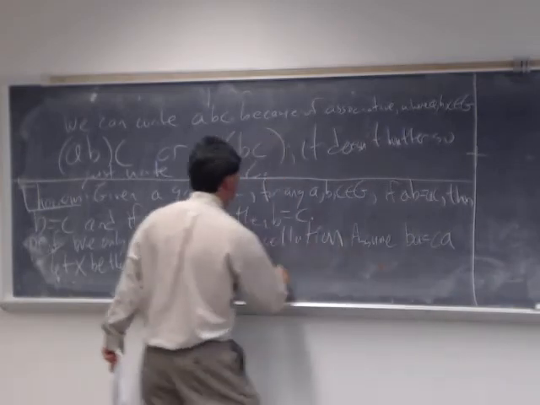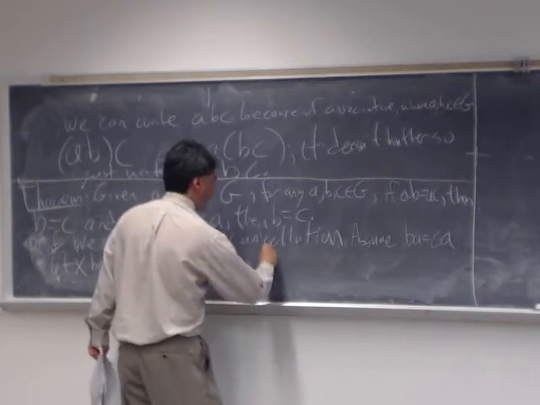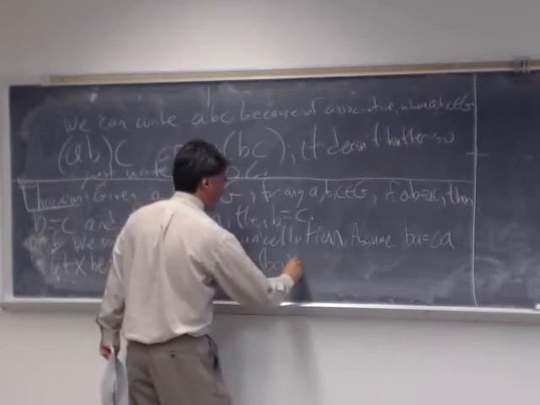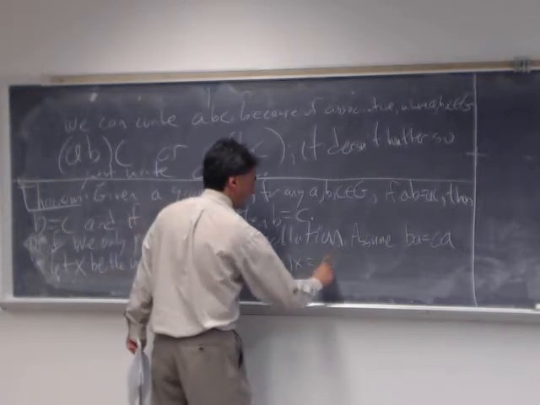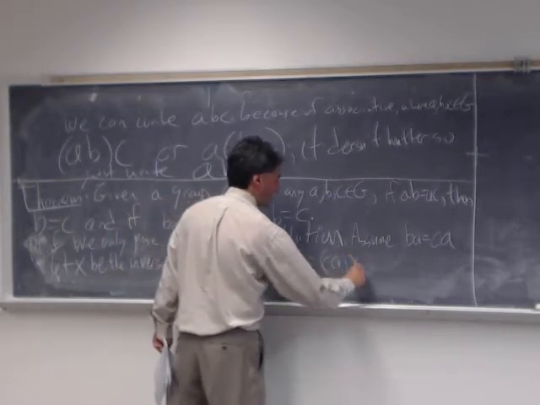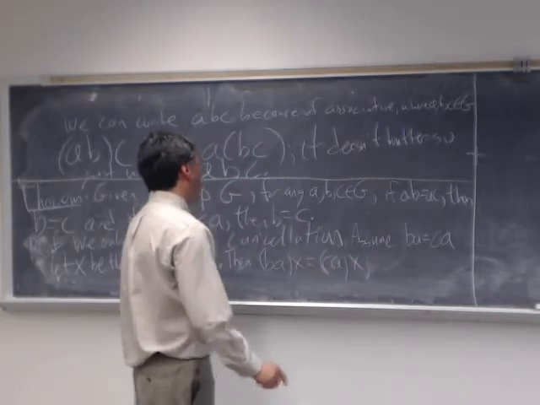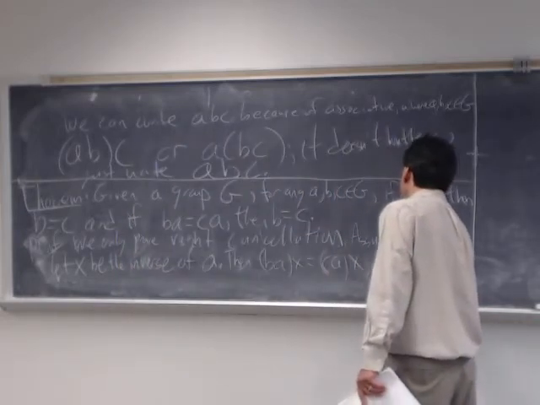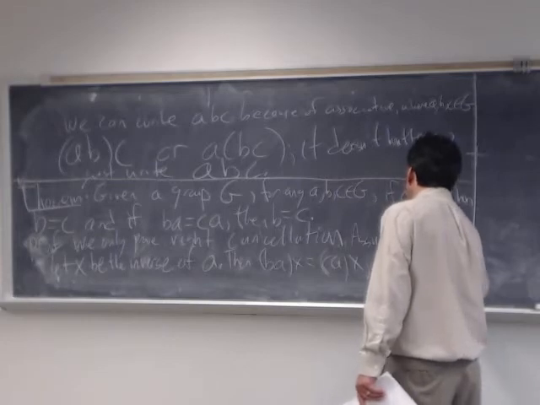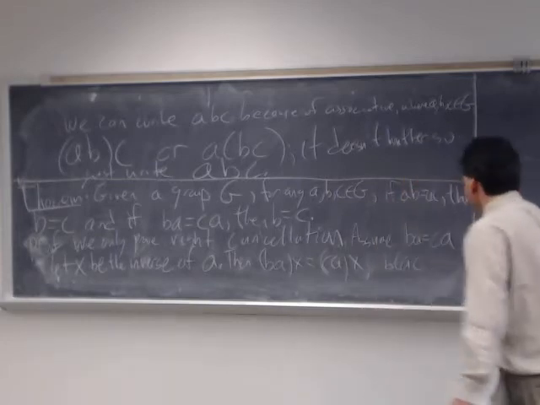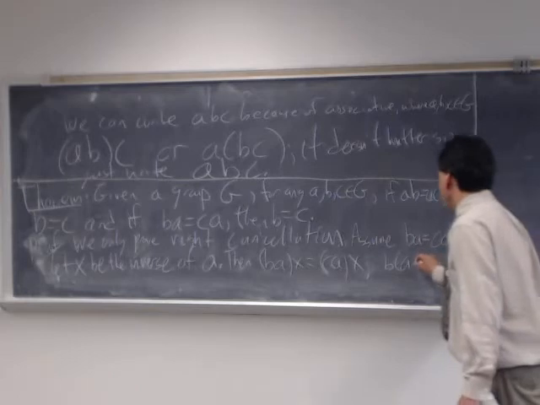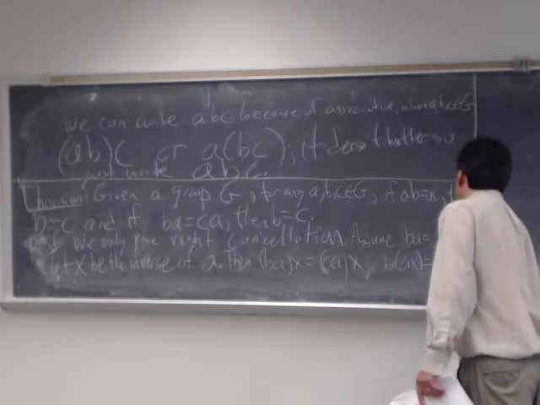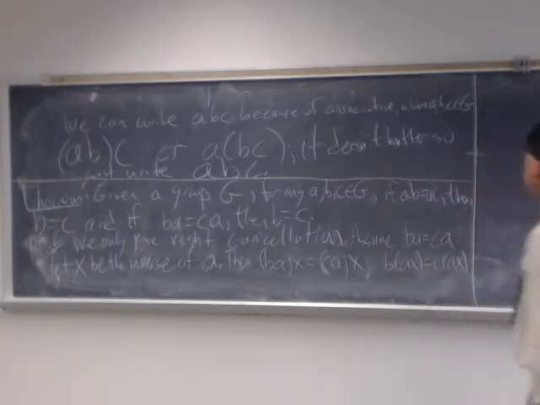Then if we multiply this equation on the right by X, BA times X is equal to CA times X. We use associativity, that gives us B times AX is equal to C times AX.